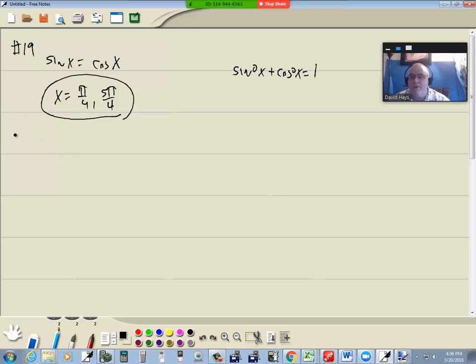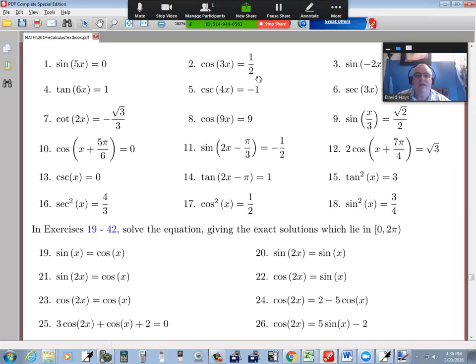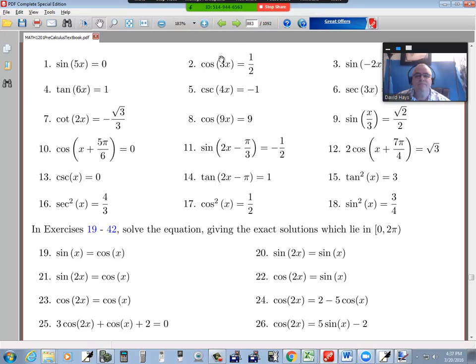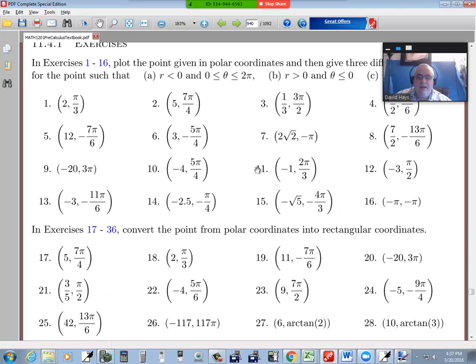Okay, 11.4, number 9. Where's 11.4 at? Page 940. Okay, and we're looking at number 9.